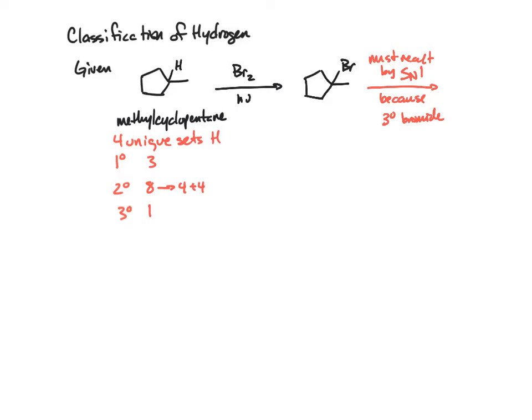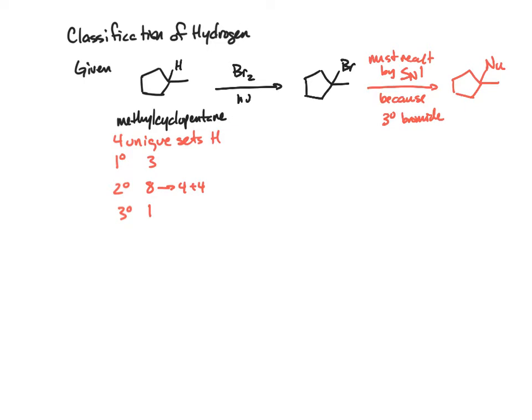I specifically showed it because that's the one under these conditions that is substituted. So free radical bromination is more selective than chlorination.